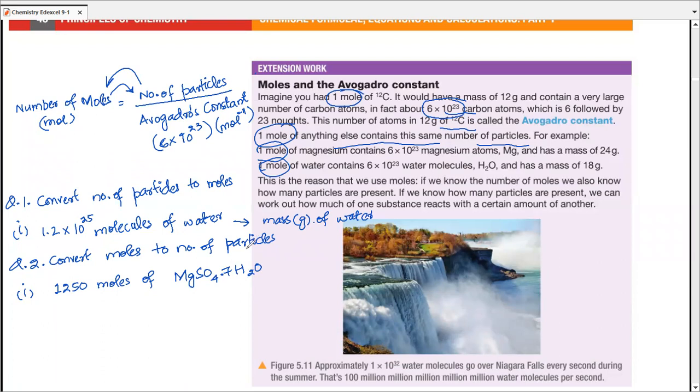You do not need to worry about Mr. So you really don't need the periodic table to solve this question. Go ahead and take your time to convert moles into particles. Remember, this time we're going to rearrange the formula. In order to find number of particles, you take the number of moles and you multiply them with the Avogadro's constant.